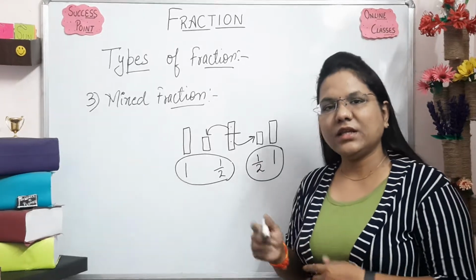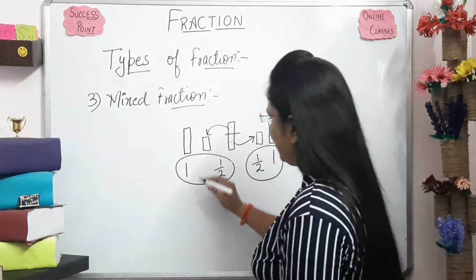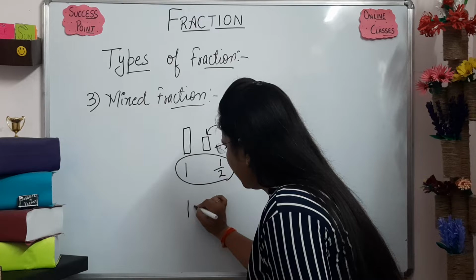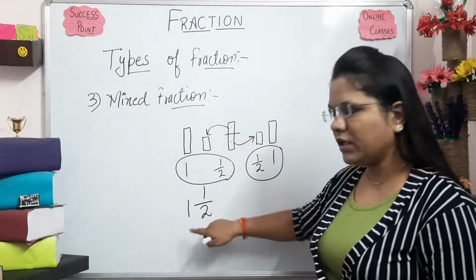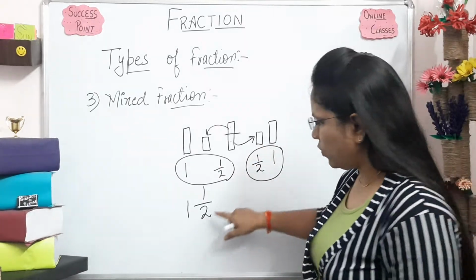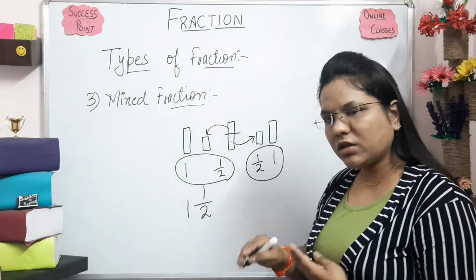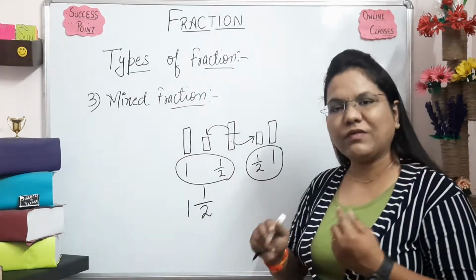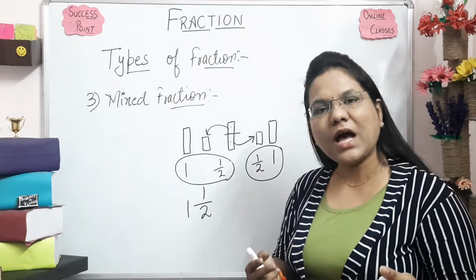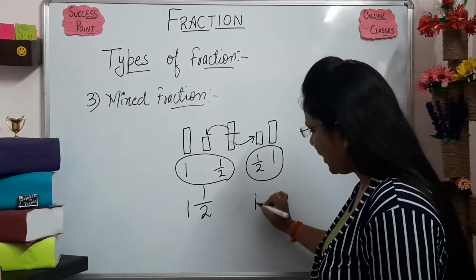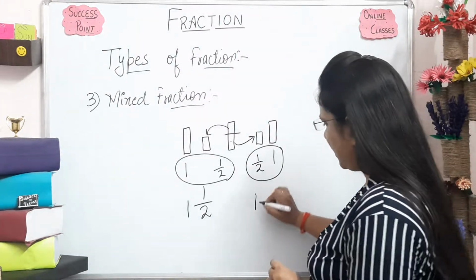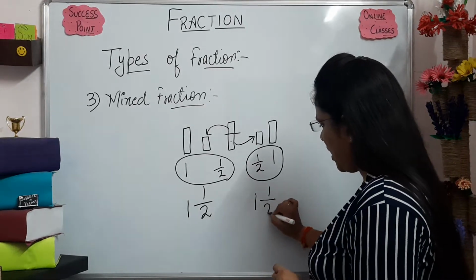So let's write it in the mixed fraction form. It will be 1 and 1 by 2. So I have 1 full chalk and I have a half chalk, that is 1 by 2. So 1 by 2 we are calling half. And for you also 1 full and 1 half.